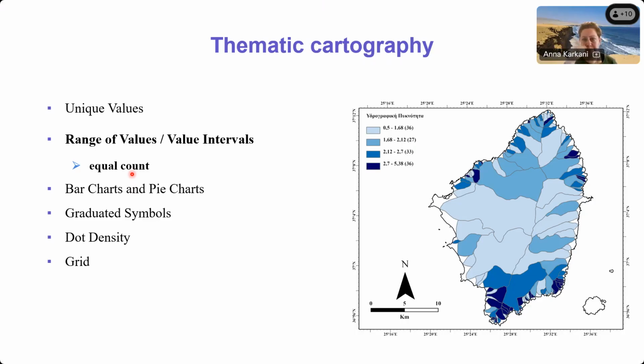And basically, in this case, the software categorizes the values into as many groups as we ask, in a way that each value interval includes approximately the same number of records as the others. So you can have a look here. We have more or less similar number of records in each class that we have created.